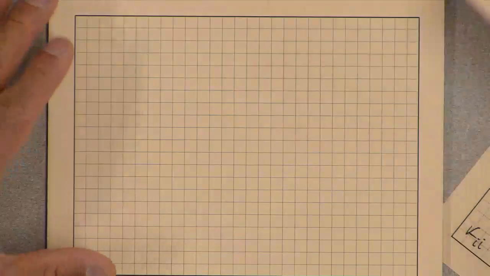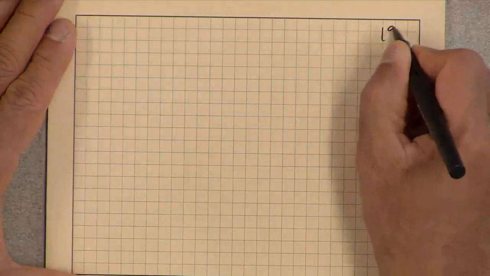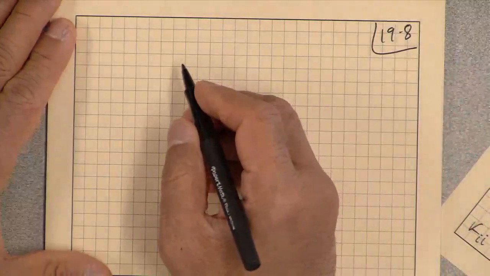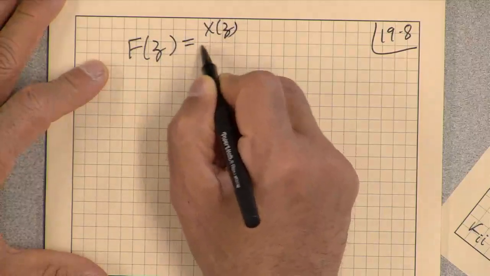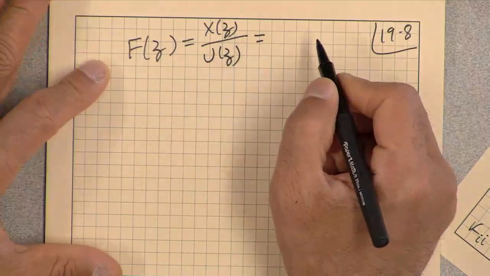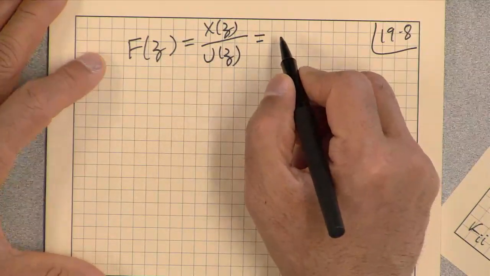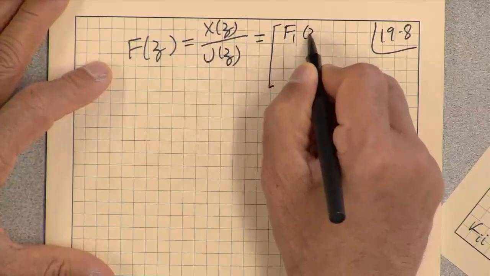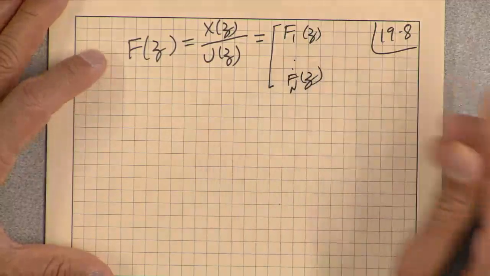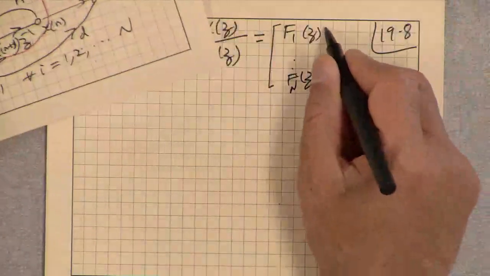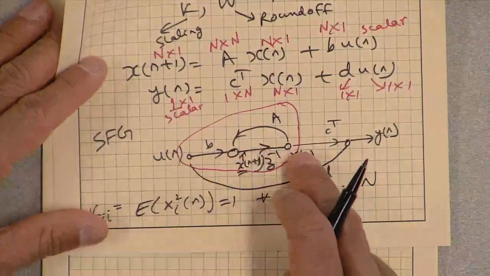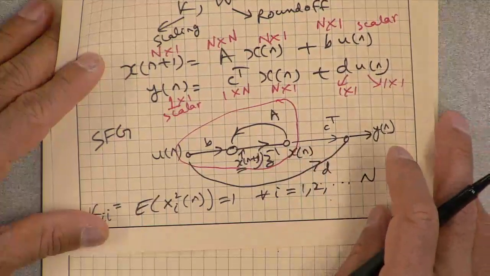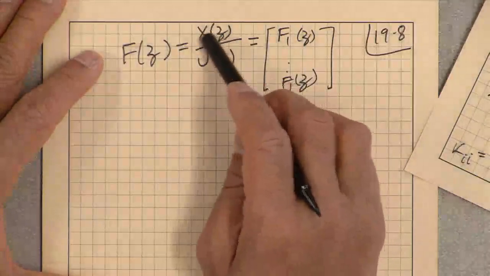That's not really that hard. So let's define F of z equal to X of z by U of z, which is equal to F1 of z up to Fn of z. So the transfer function from u to x is going to be a vector; think of x as a state vector.